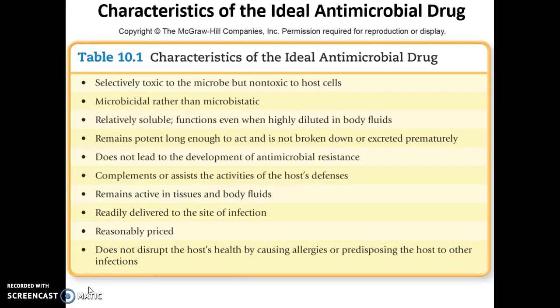And then, similar to the microbicidal versus microbistatic comments, we want it to complement and assist the activities of the host defenses. So really work in conjunction with our immune system. It needs to remain active in tissue and body fluids, so you can't just have an oral drug that gets broken down in the acidity of the stomach before it can get into the intestinal tract where it gets absorbed into the body.